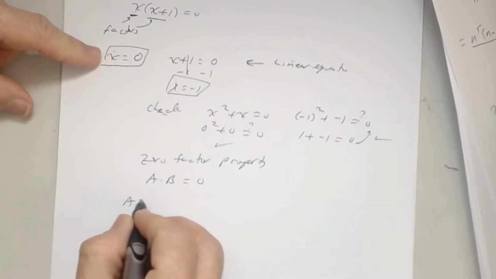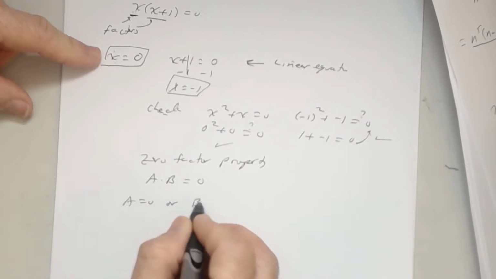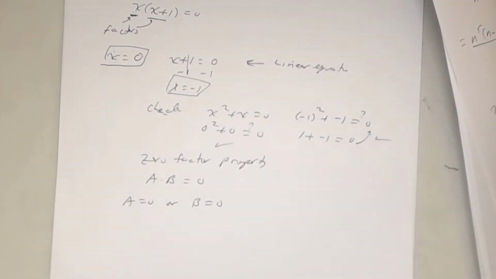So either a is 0 or b is 0. Now remember though, this property only works if what number's on the other side? 0. So soon you're going to see a case where 0 is not on the other side, so you need to be careful. But it only applies if 0 is on the other side.